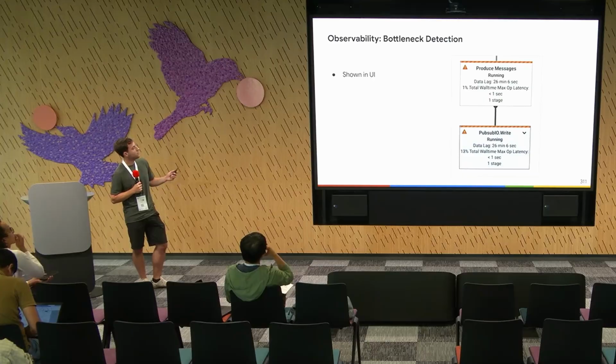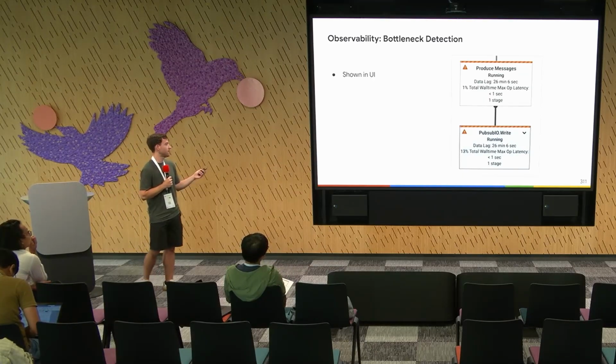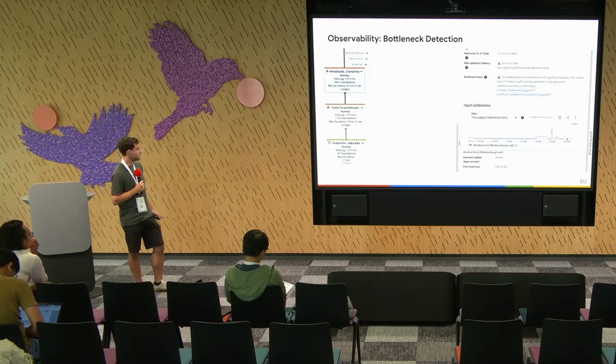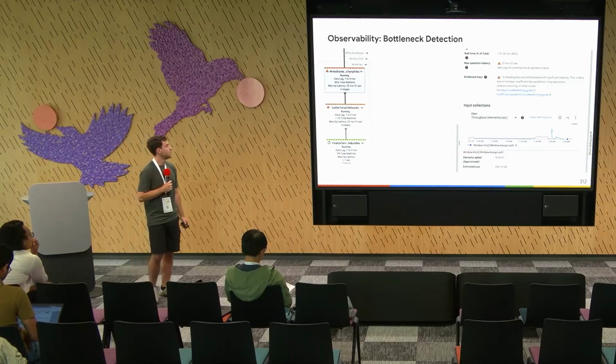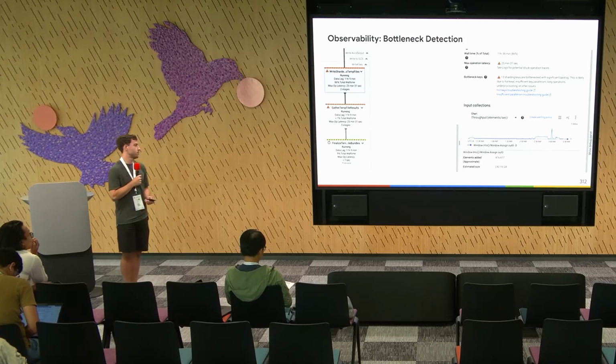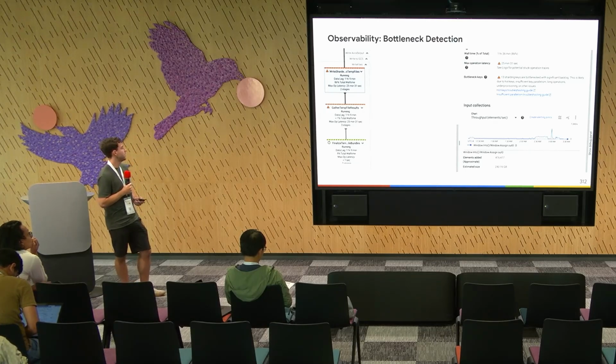So there's new metrics shown in the steps with the data lag and the total wall time and how many stages this is spread across. And in the side panel, we're showing more things like the max operation latency and if there are bottlenecked keys, and even providing some resources to help you troubleshoot that.